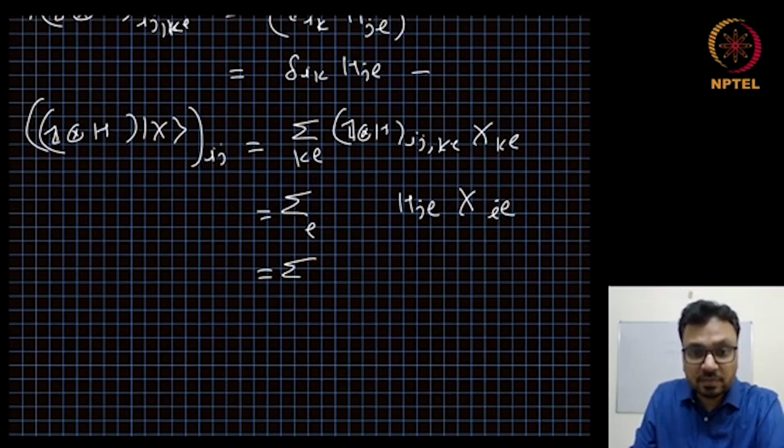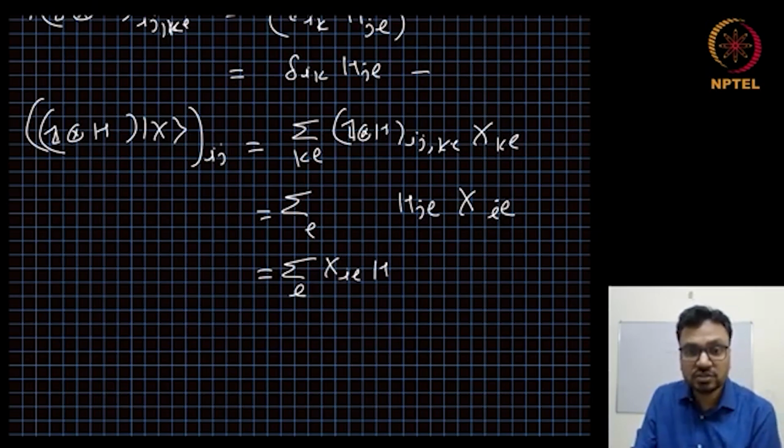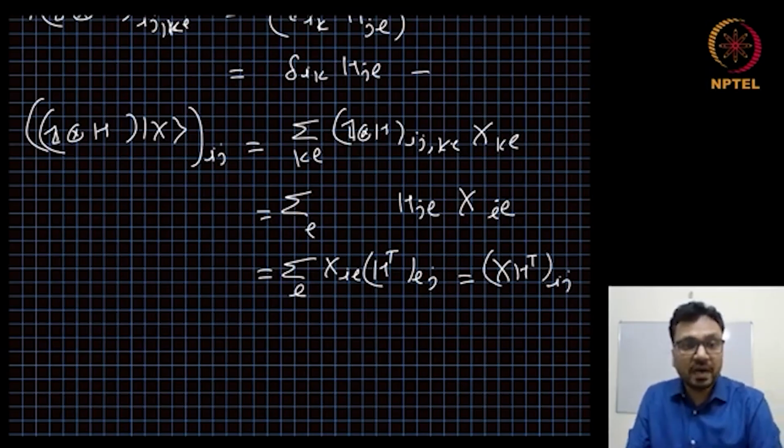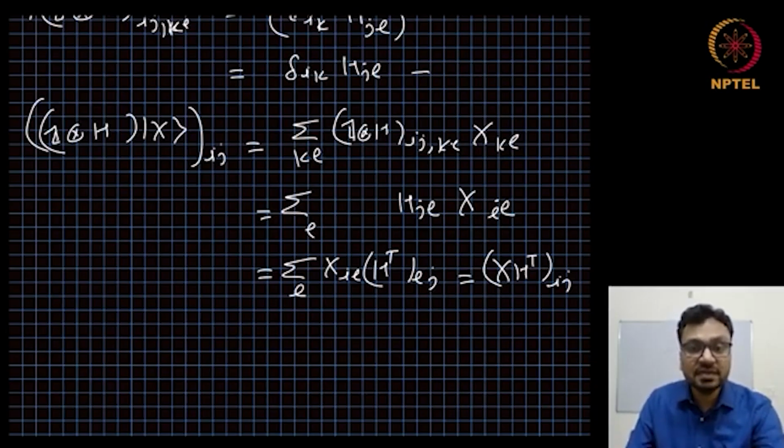So this becomes sum over l X il H transpose lj, that is X H transpose ij. So identity tensor H acting on vector X, the ijth element of that is X times H transpose, the ijth element of that.